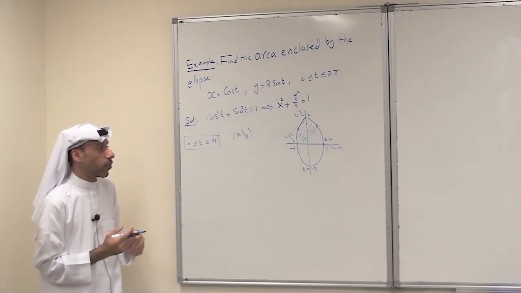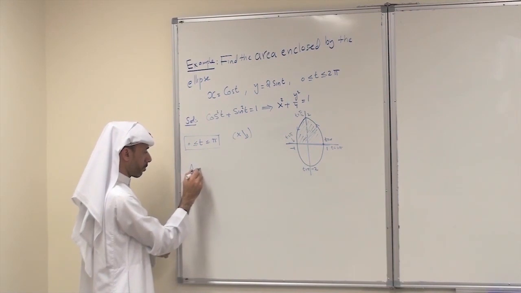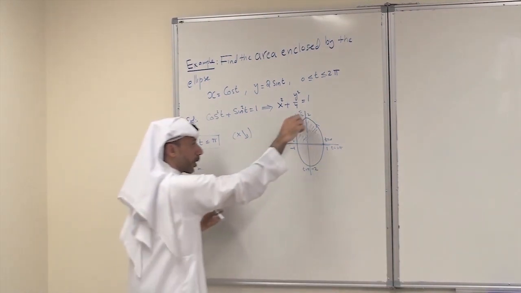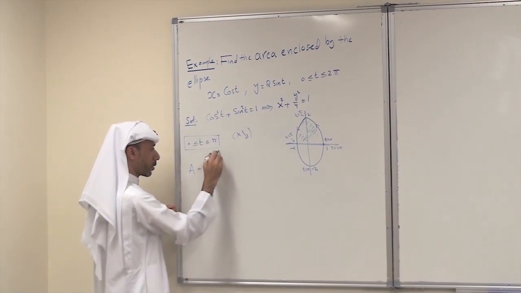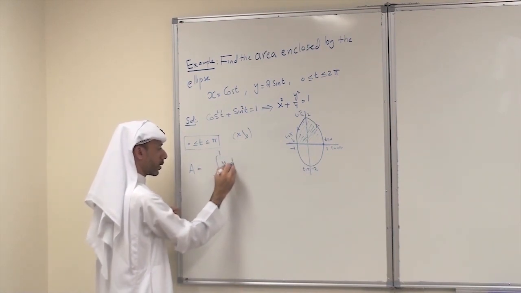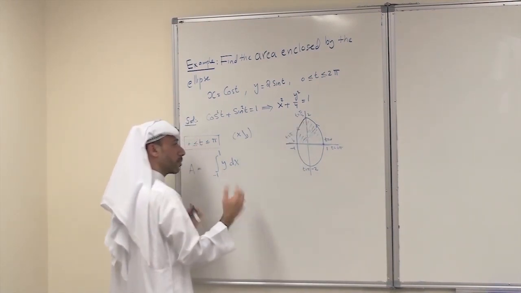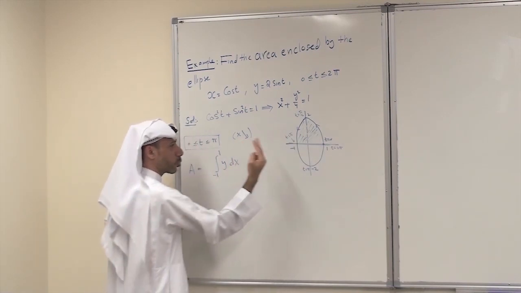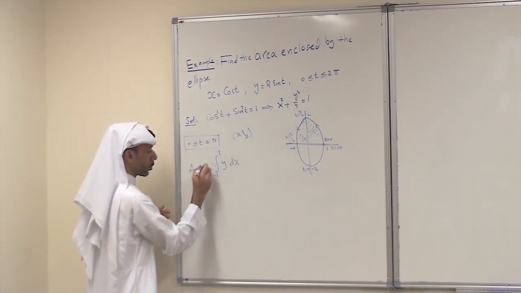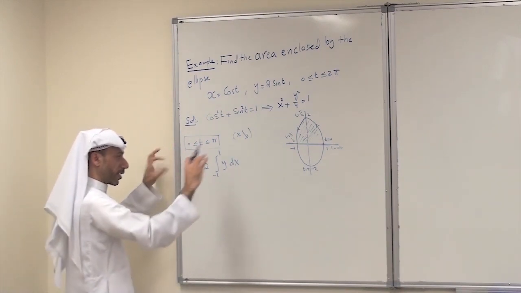Now in rectangular form, the area is the integral from minus 1 to 1 of y dx. This is the area of the upper part. But I need the area of the whole region, everything inside the ellipse, so I have to multiply by 2. This is the formula in rectangular form.